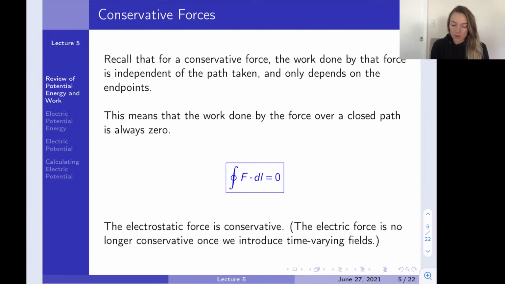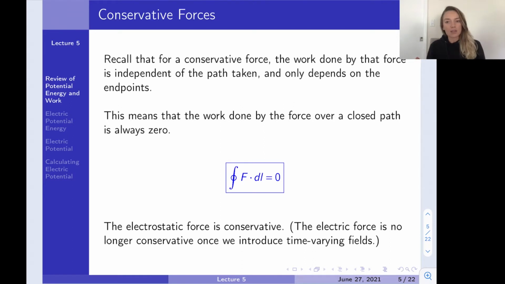All right, now let's review conservative forces. So we're going to talk a little bit in more detail about conservative forces tomorrow and how it relates to Maxwell's second equation. But for now, just remember that a conservative force means that the work done by that force is independent of your path taken.